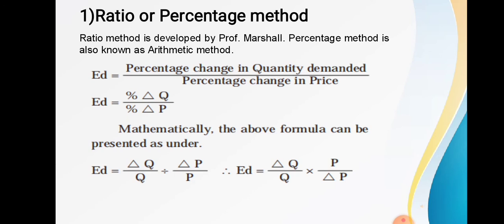The percentage method is also known as the arithmetic method. This method is given by the formula: ED is equal to percentage change in quantity demanded upon percentage change in price, where ED is equal to elasticity of demand.